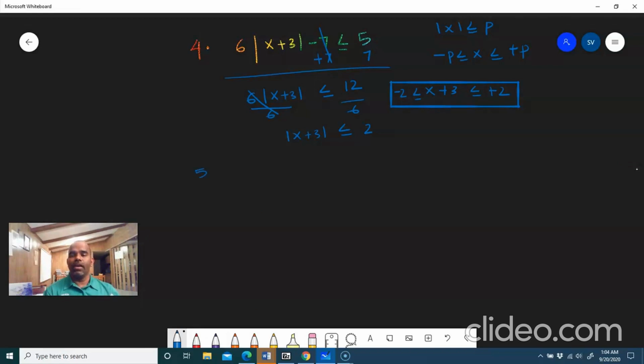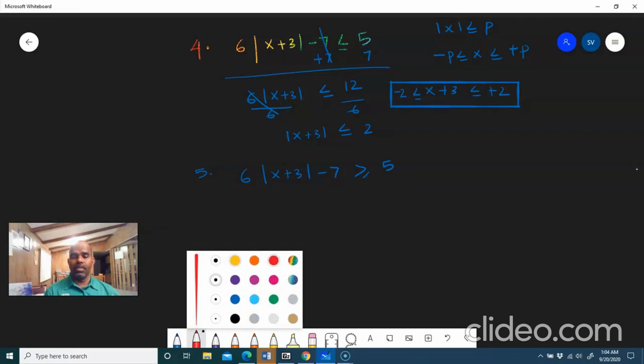So we can use the same thing for the greater than case. Question number 5: 6 times the absolute value of x plus 3, minus 7, greater than or equal to positive 5. Exactly the same process, but with a different approach when solving the absolute value sign.